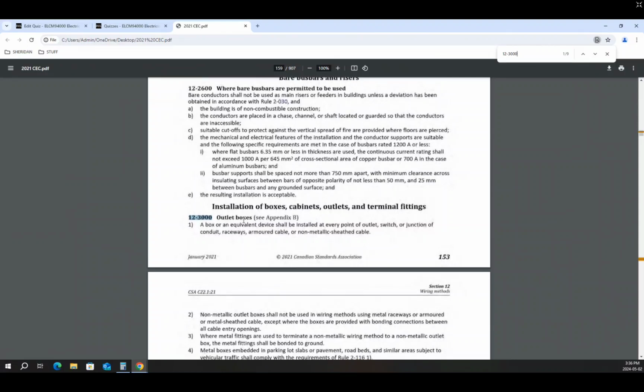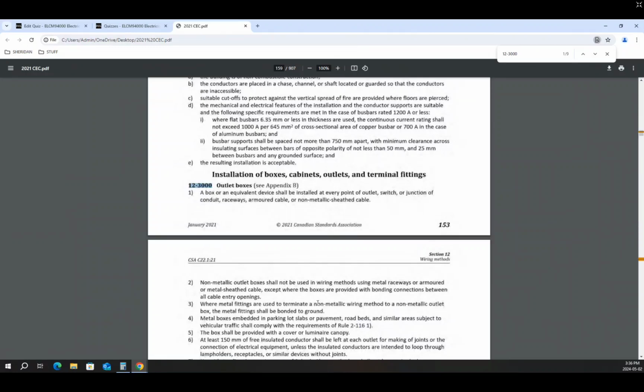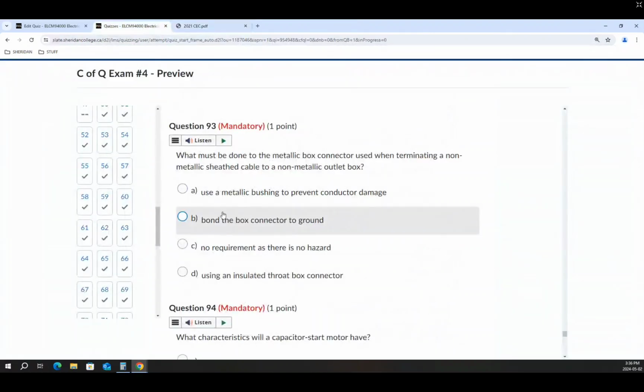Outlet boxes. When metal fittings are used to terminate a non-metallic wiring method to a non-metallic outlet box, metal fittings shall be bonded to ground. Bond the box connector to ground. That one.